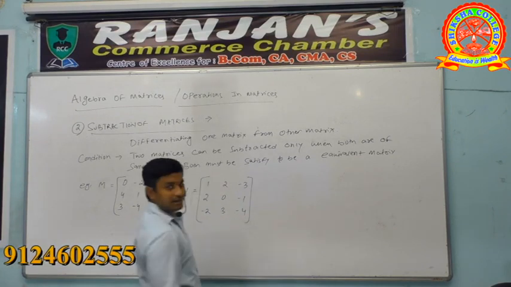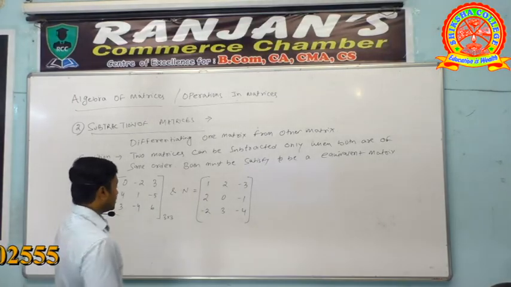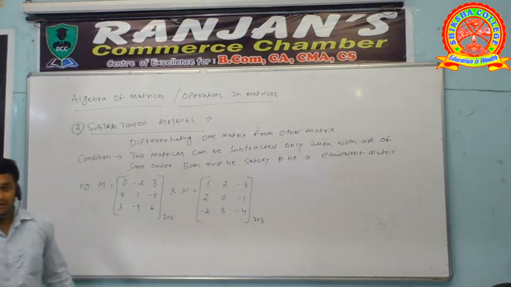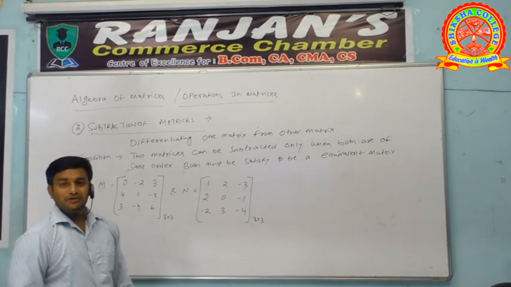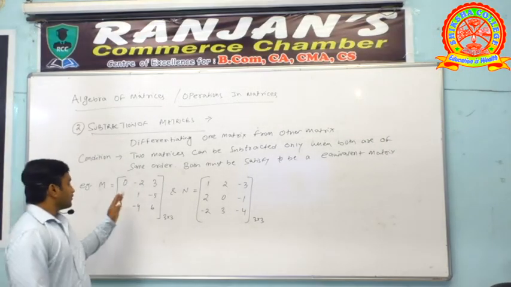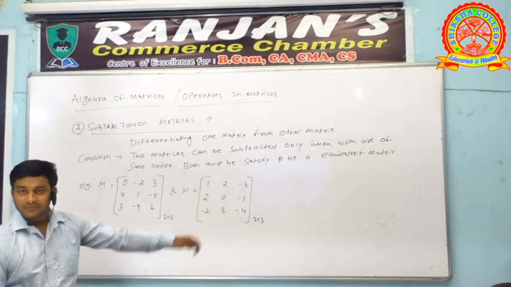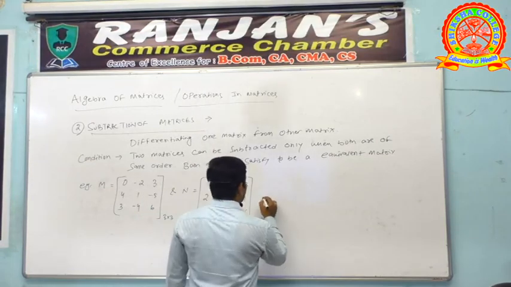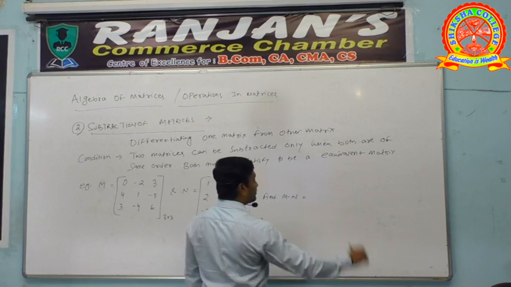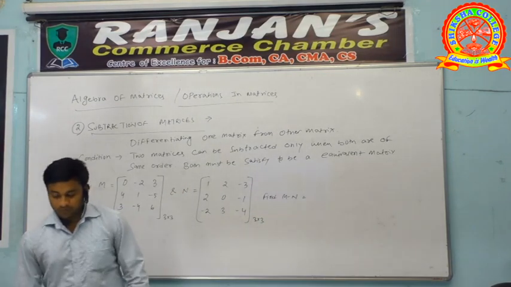We can take any example, there are no restrictions at all. So this is also another 3 into 3 matrix. Here we can subtract N from M. Clear?